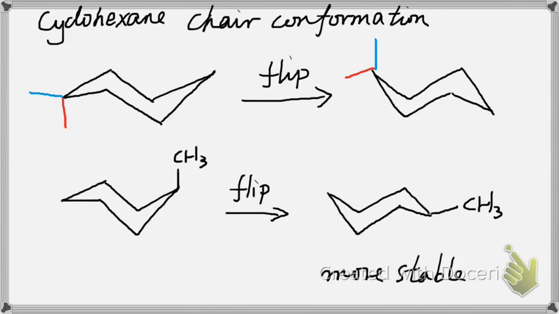All right, so now we're going to take a look at the di-substituted cyclohexane rings, when there are two substituents attached to the ring. There are a couple things that we need to consider when we have two substituents. First is where the substituents are, on which carbon atoms.